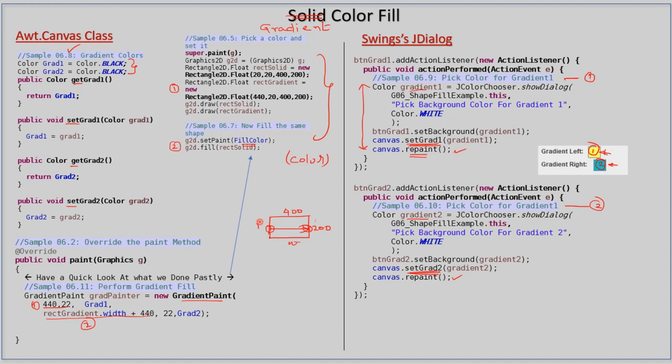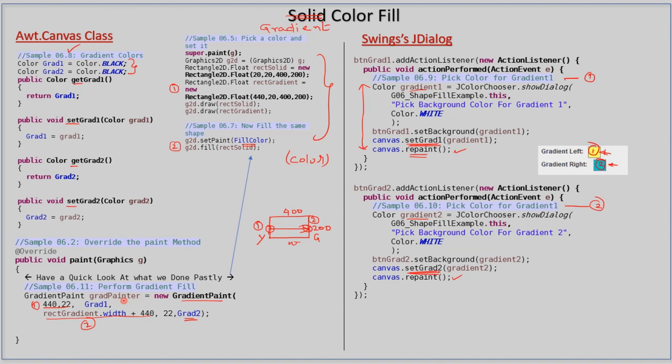First we specify the points in the rectangle to tell how the gradient color will be applied. At the point 1 location, gradient 1 color will be applied. Here in our example, gradient 1 color is yellow. And at the point 2 location, gradient 2 color will be applied. Gradient 2 is green. So interpolation will be between yellow and green.